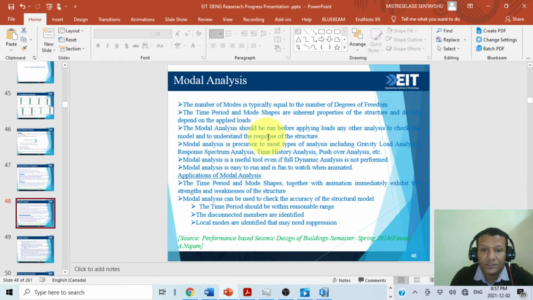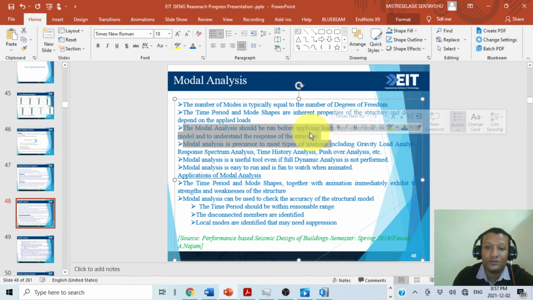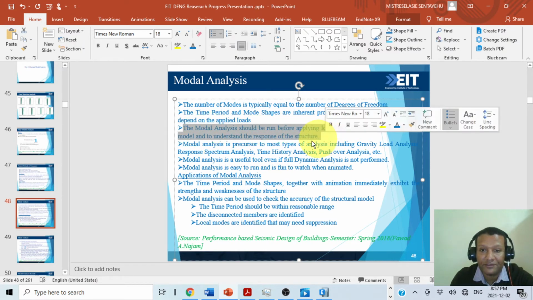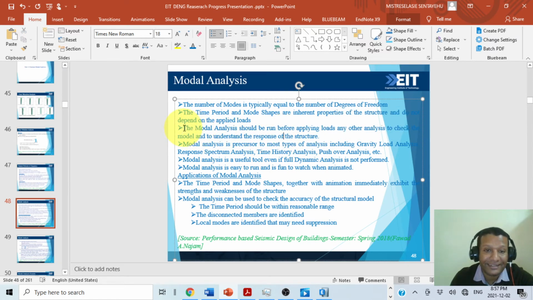The modal analysis should be run before applying load or any other analysis, to check the model and to understand the response of the structure. This is very important. This is why this paper is also unique, because before applying any kind of analysis, modal analysis should be performed and the natural time period and frequency should be identified to check the resonance problem in the later stages of any design.